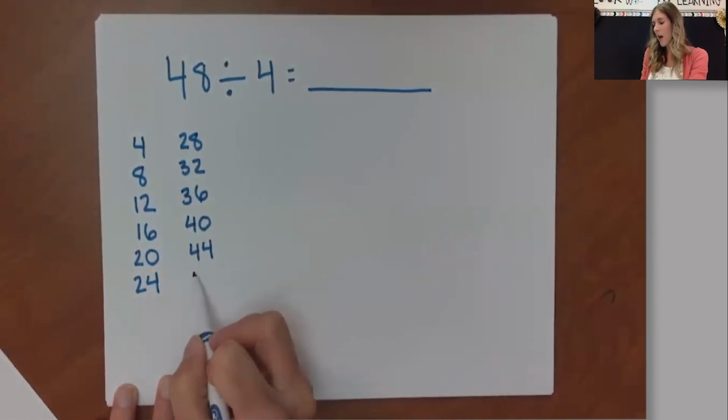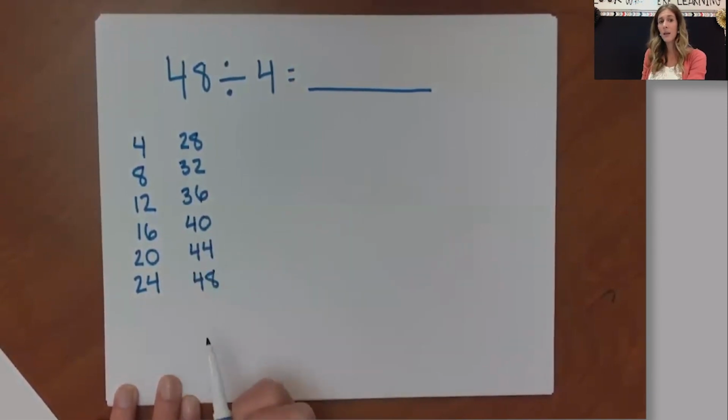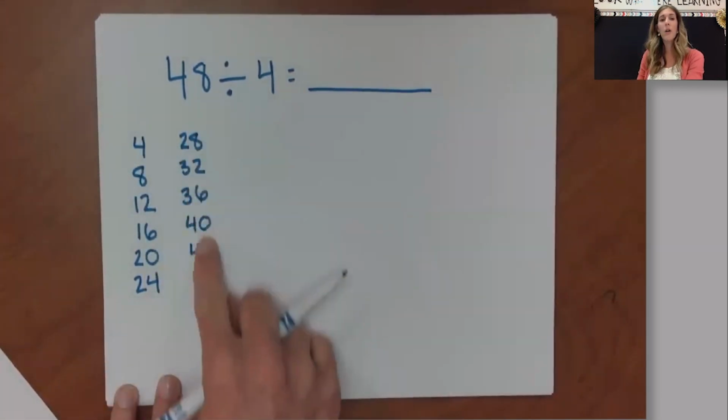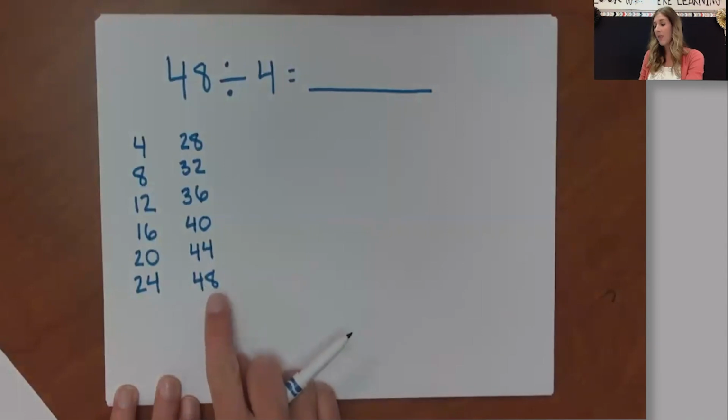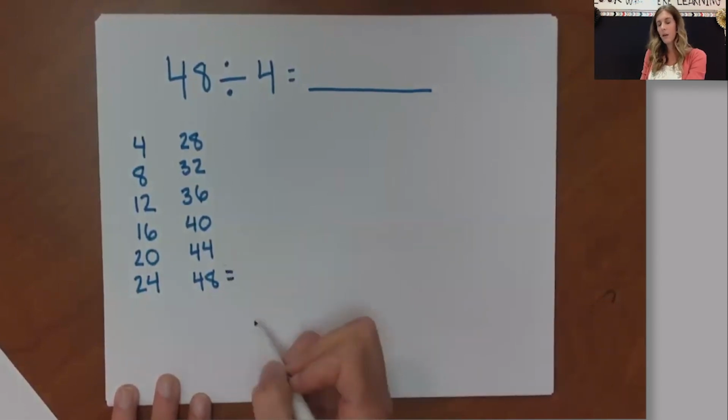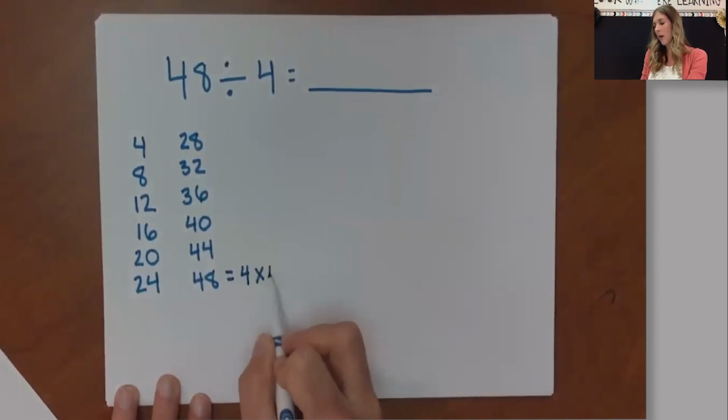4 times 12, 48. So these are multiples of 4. We listed the first 12 multiples of 4, and here we see in the 12th multiple a 48. So 4 times what gave us 48? Correct, 4 times 12.